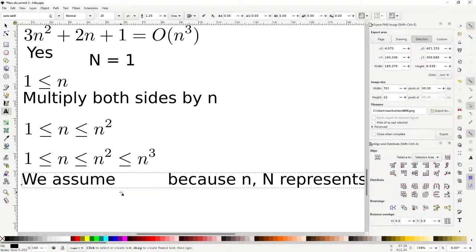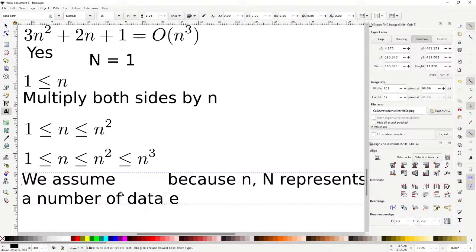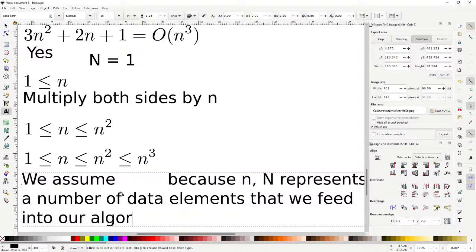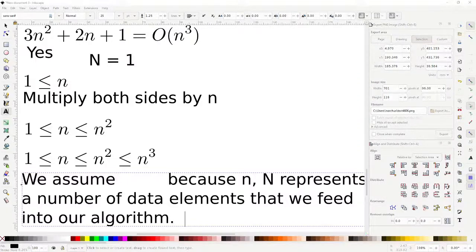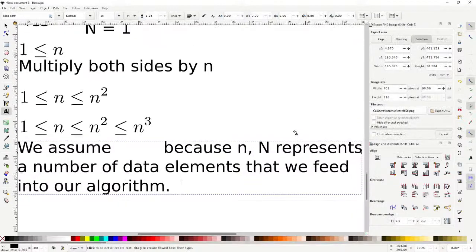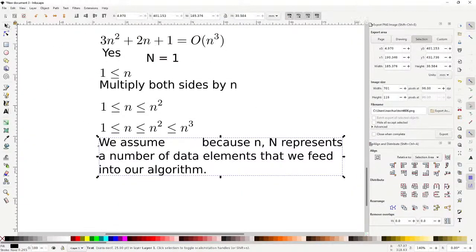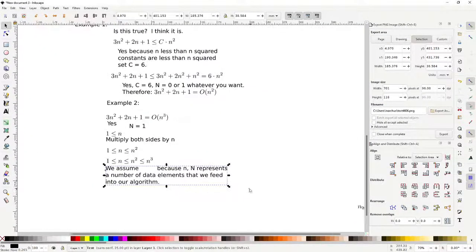It represents a number of data elements that we insert or feed into our algorithm, whatever our algorithm is. Let me just use the set notation because I like the set notation. So we assume that n is a natural number because these n's represent natural numbers.